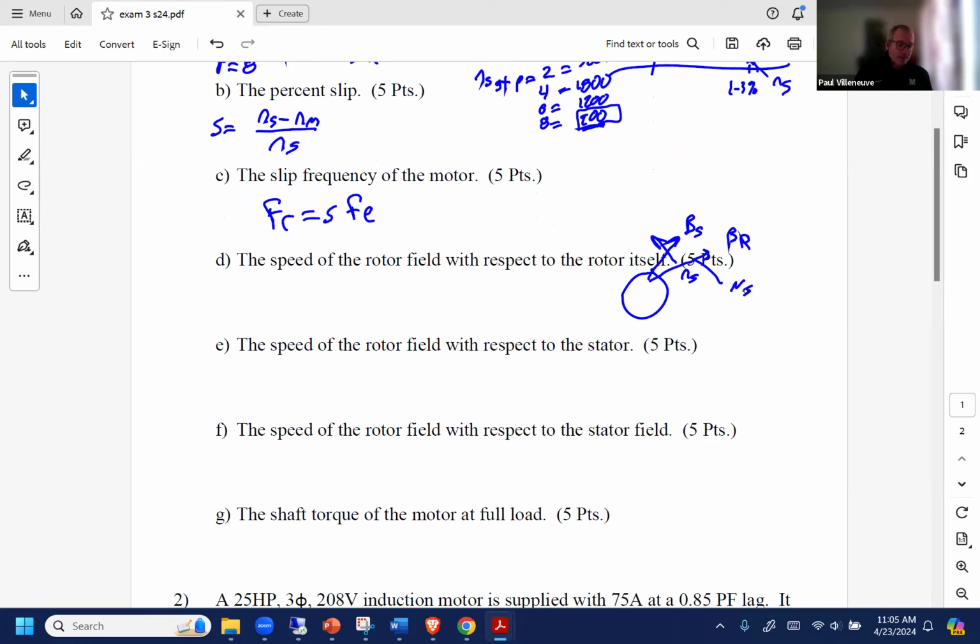And they both have to operate at synchronous speed because we want to output a constant torque. We want to make sure that our torque stays constant. The rotor itself operates at N sub M, and all of this is relative to a stationary object. So drawing this figure, what you can see is that the rotor field is spinning at synchronous speed. The rotor is spinning at mechanical speed.